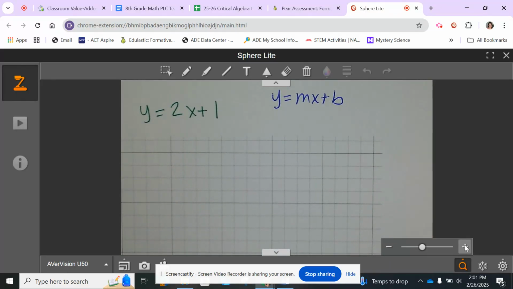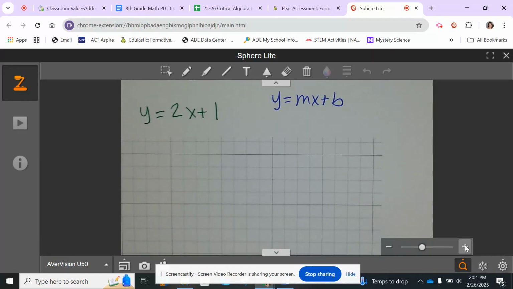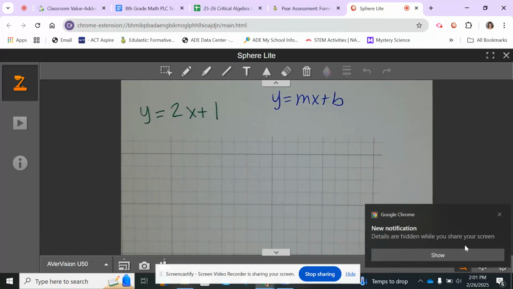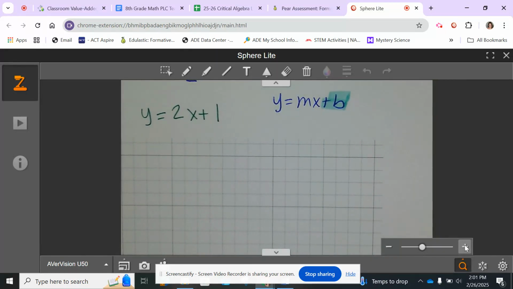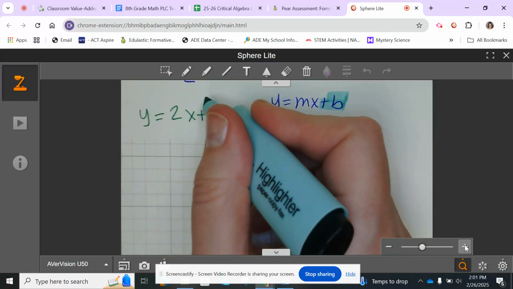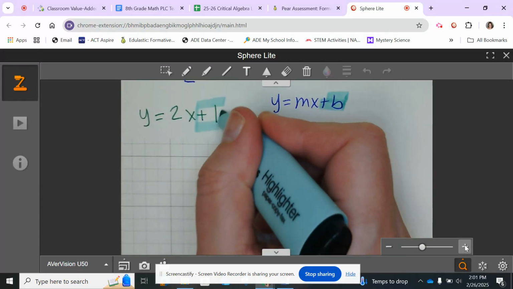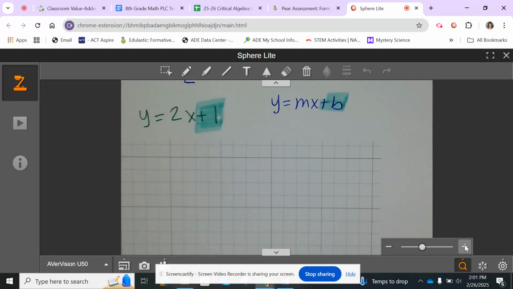You know just by looking at it that the y-intercept is the b, right? Then that means in here in our problem that our y-intercept is positive 1.